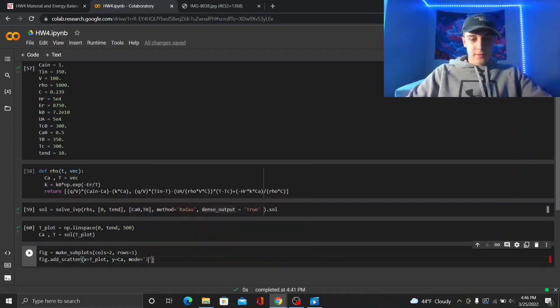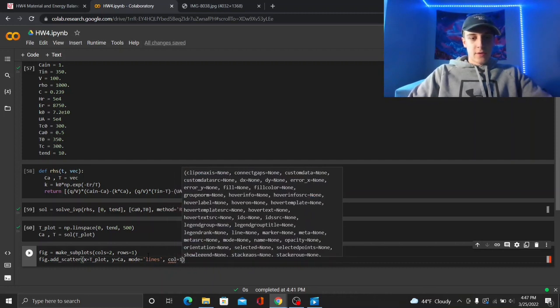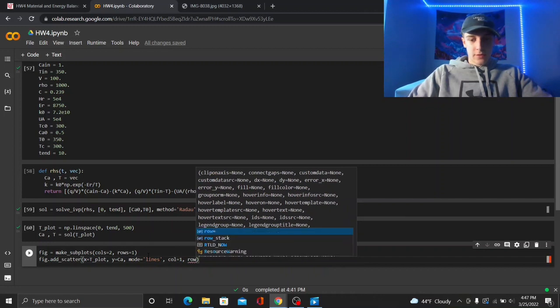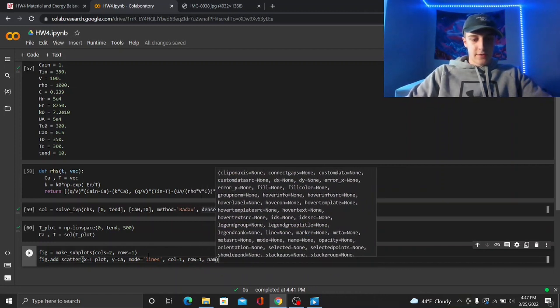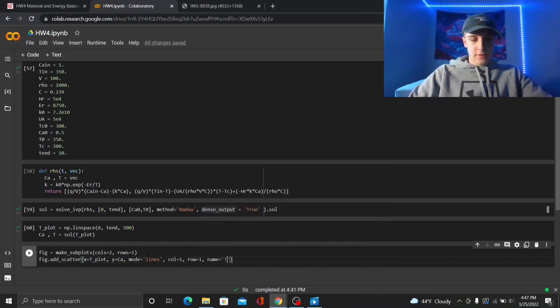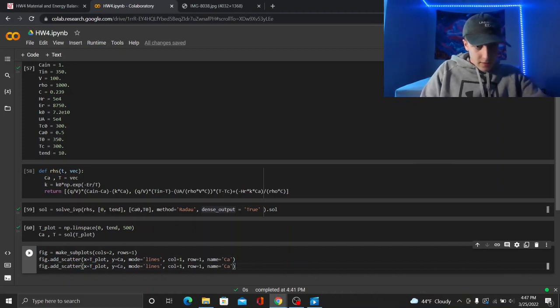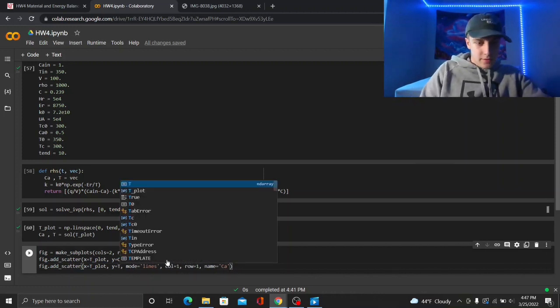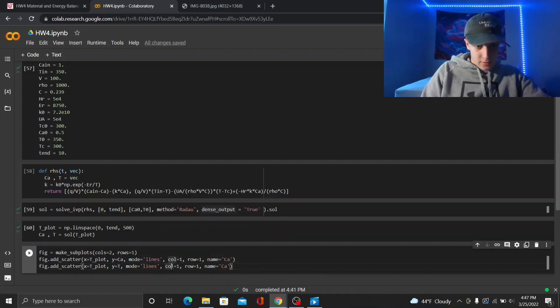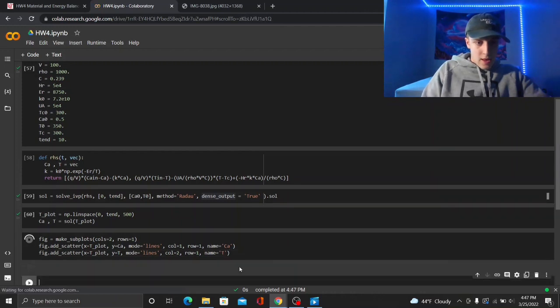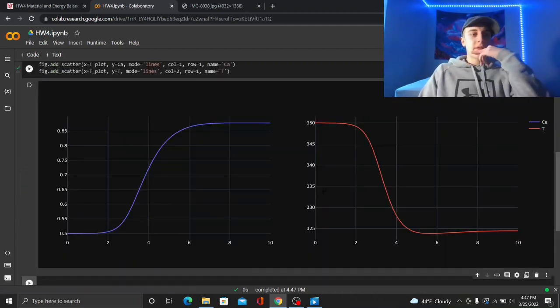Set the mode to lines. And then we're going to want this in column 1, row 1. And I'm also going to name it Concentration. And then we're just going to want to do that again, but this time with our temperature right here. We want this in column 2.